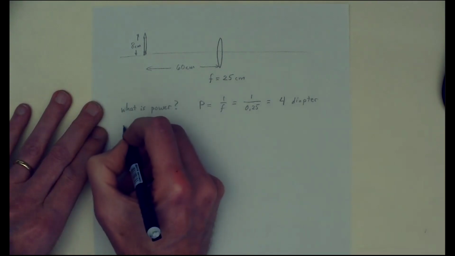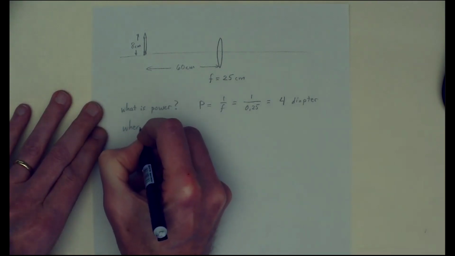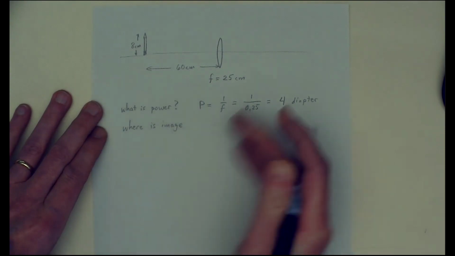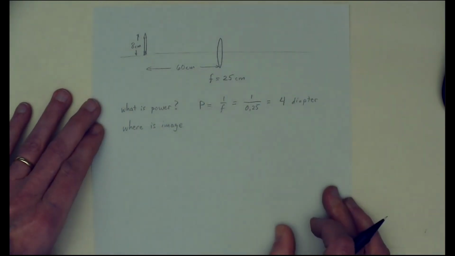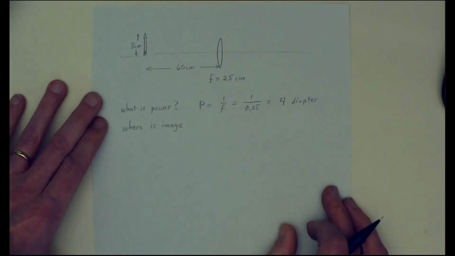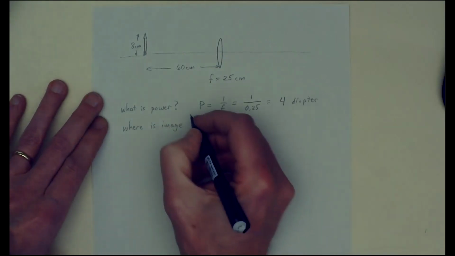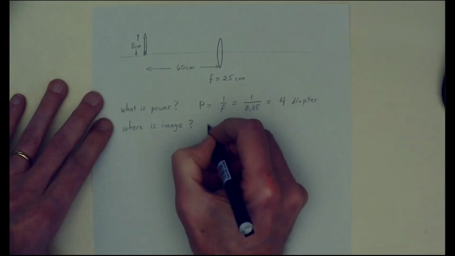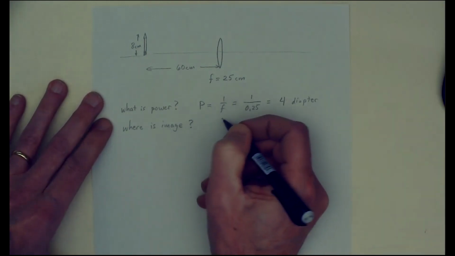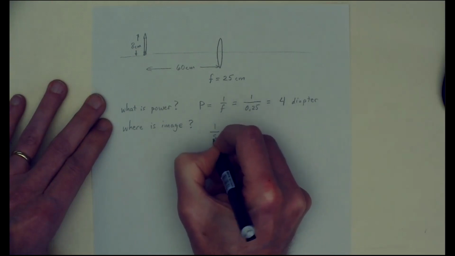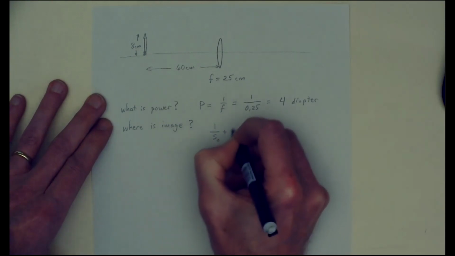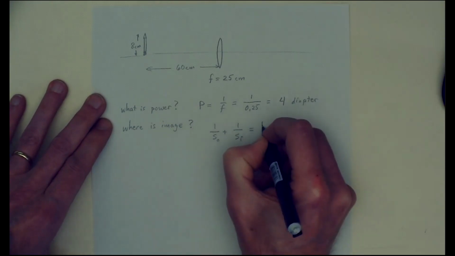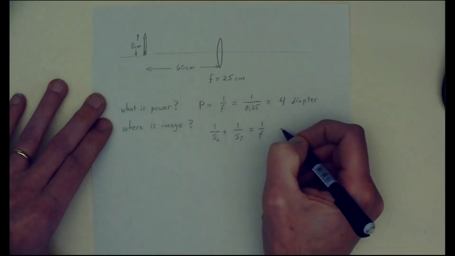Now, another question might be, where is the image? Where would we find the image? We want to put a piece of paper in here to see an image of the pencil. Where do we put it? How do we calculate that? Well, that takes the usual formula for object and image distance: 1 over s_o plus 1 over s_i equals 1 over f.